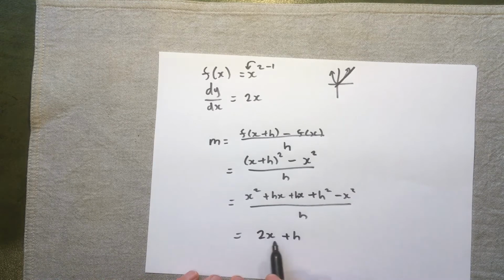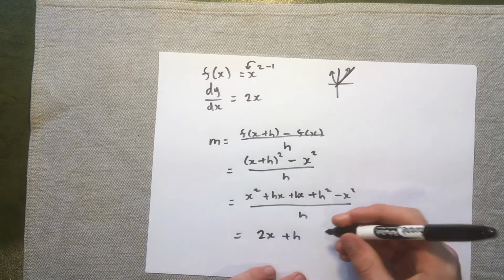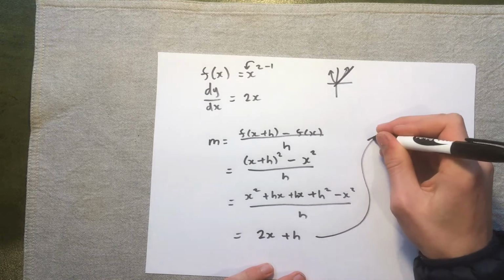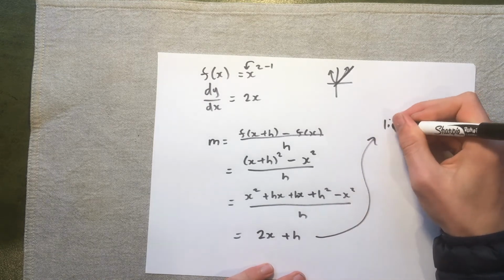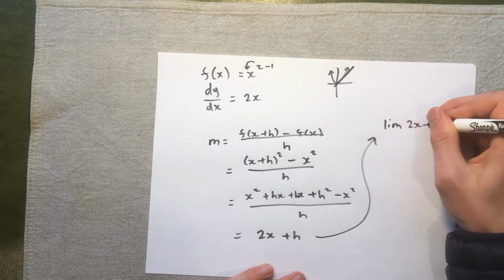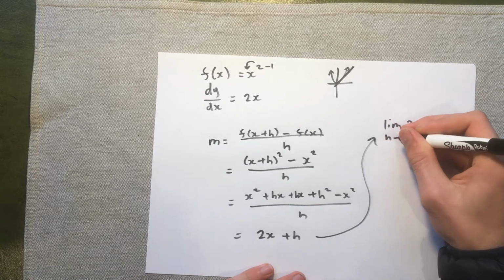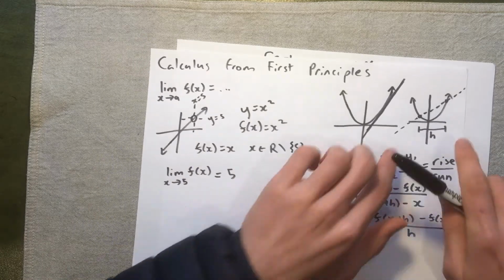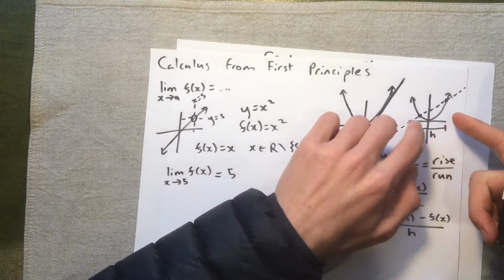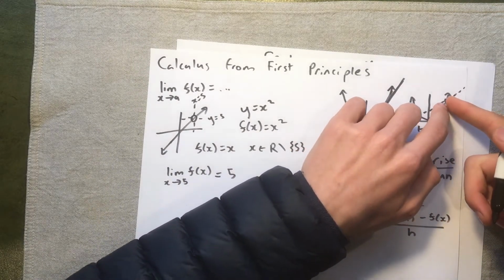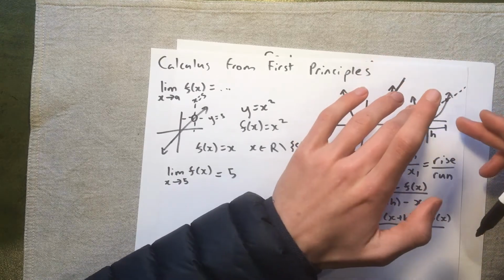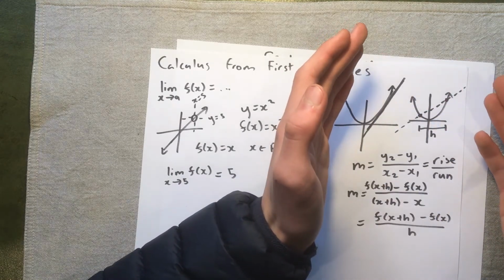Now we've got our 2x here for our gradient function, but what are we going to do with this h? Well, if we find the limit of 2x plus h as h approaches 0, that is, as this h value gets smaller and smaller, as these points get closer and closer together, infinitely close together, h is going to essentially approach 0.